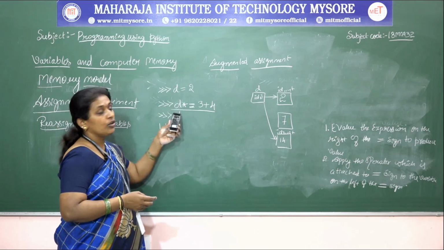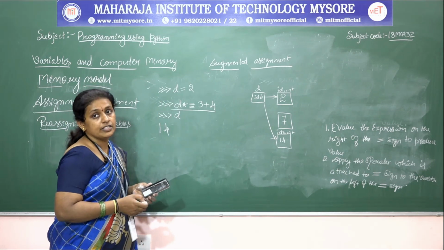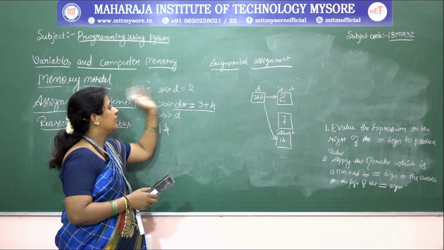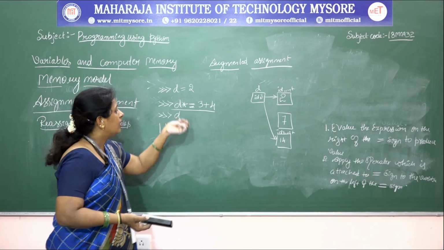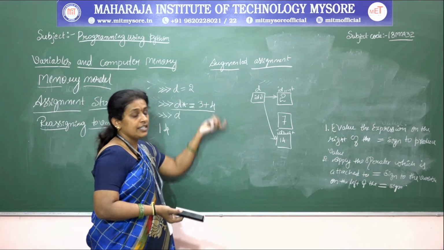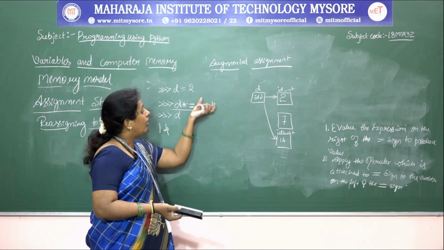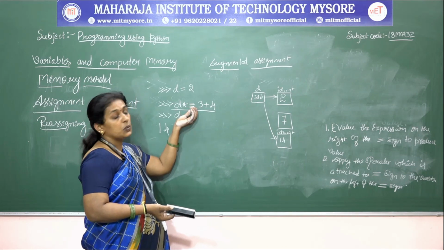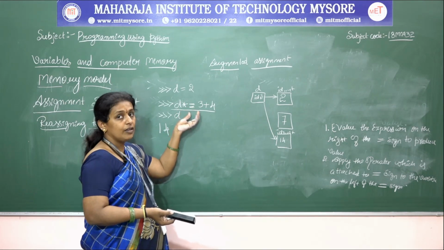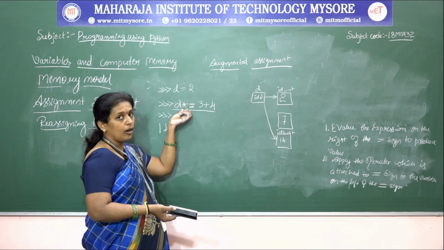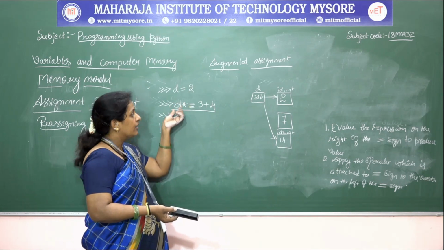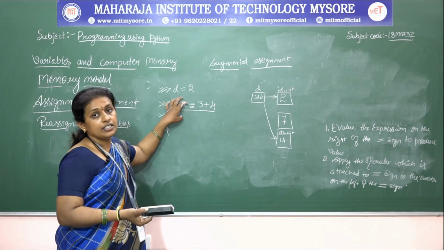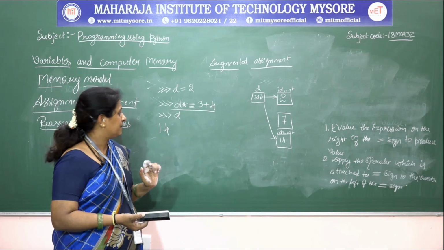Okay. This is how we go with the augmented assignments. I am repeating: first you need to assign a value to a variable. When you are executing augmented expressions, first the right-hand side of the equal sign will be executed. After that, the produced result will be applied with the operator to the variable D on the left of the equal sign, and that finally produced value will be stored in the variable on the left of the equal sign.